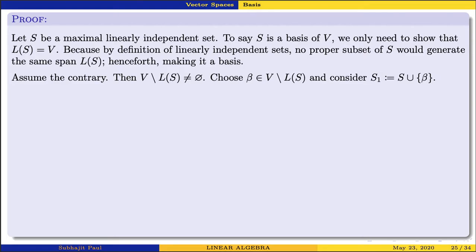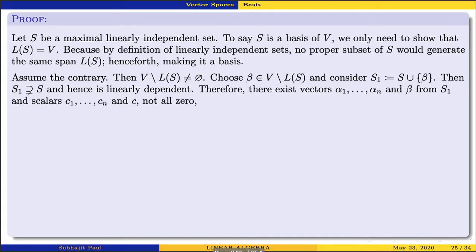Beta is a vector from outside the linear span of S. Then S1 is a proper superset of S and hence is linearly dependent, because S is a maximal linearly independent set.